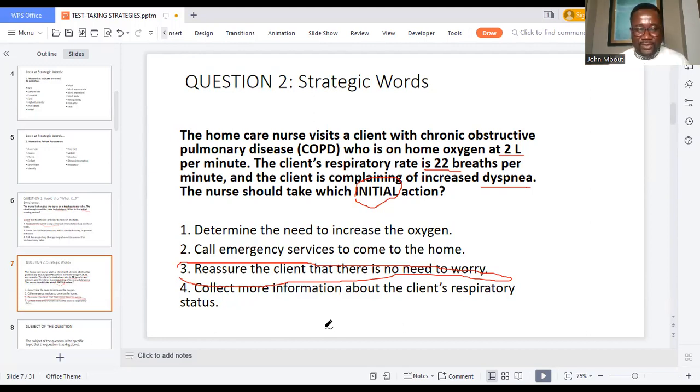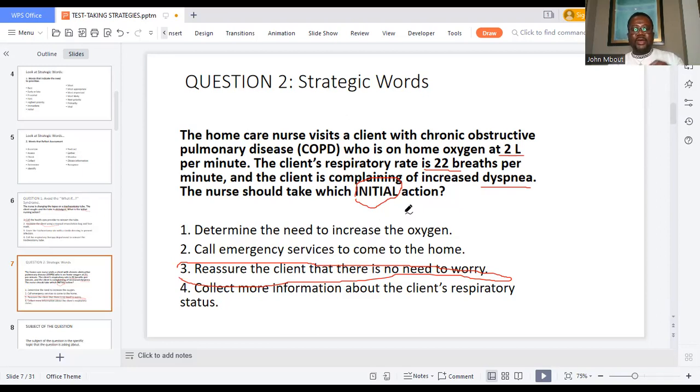The initial thing to do, as I said before, when you have a question that does not have enough objective data, it is likely that the option will be an assessment.